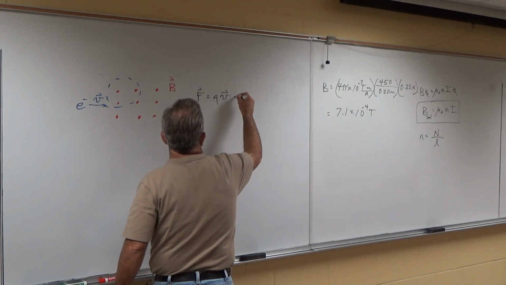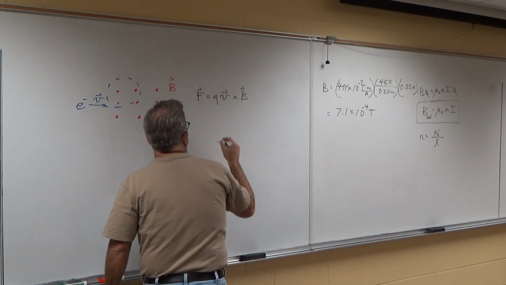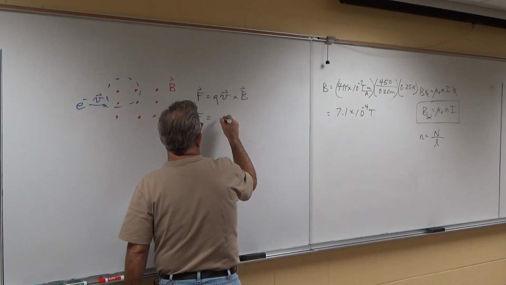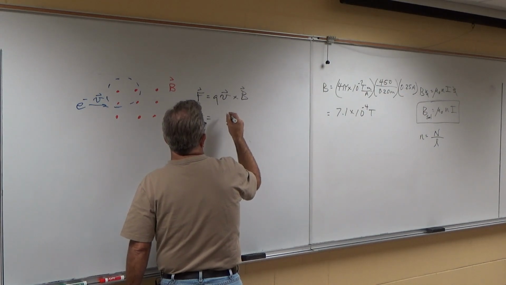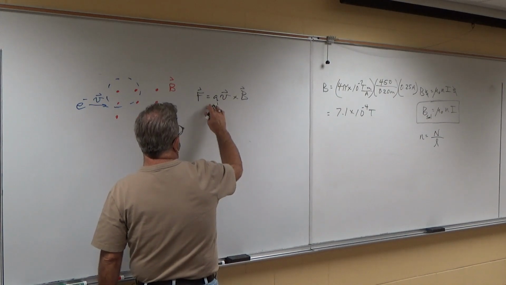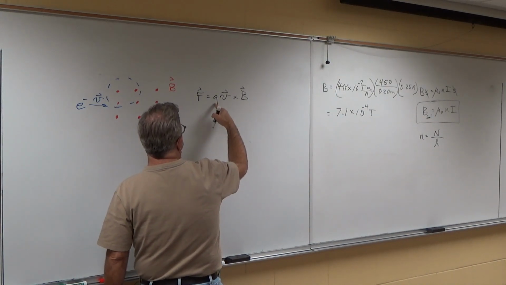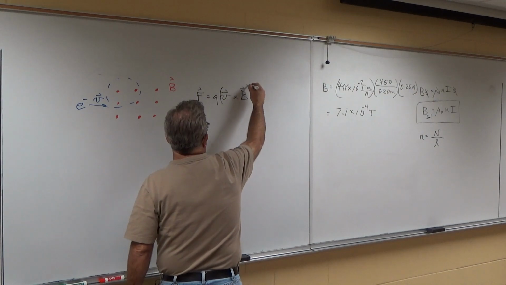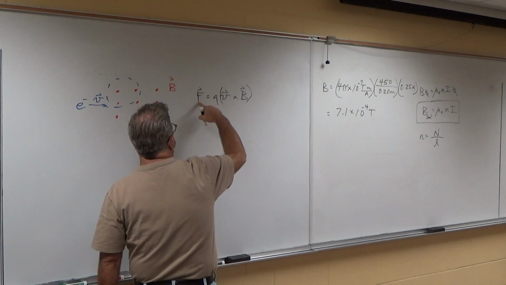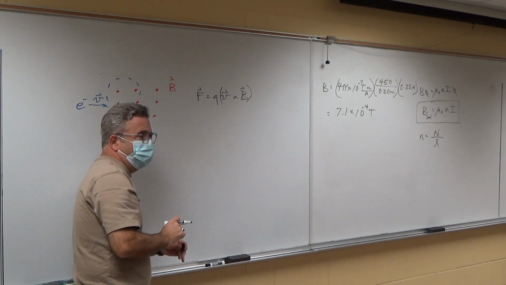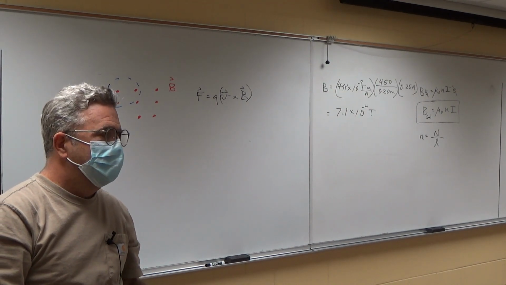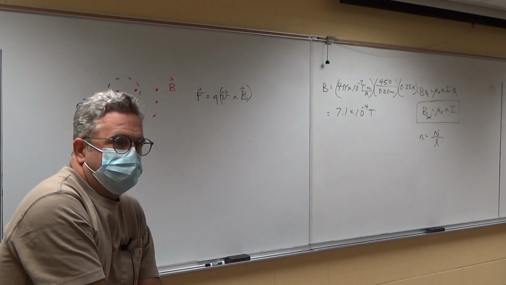If you have qV cross B, this q is a constant multiplying this thing. If it is negative, then it's just flipping that direction. It's making that vector negative. That's the reason.